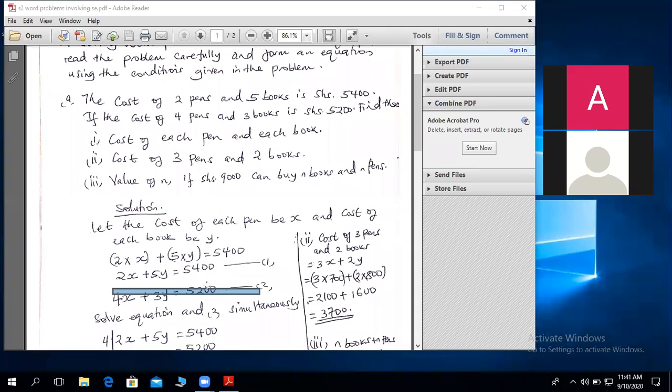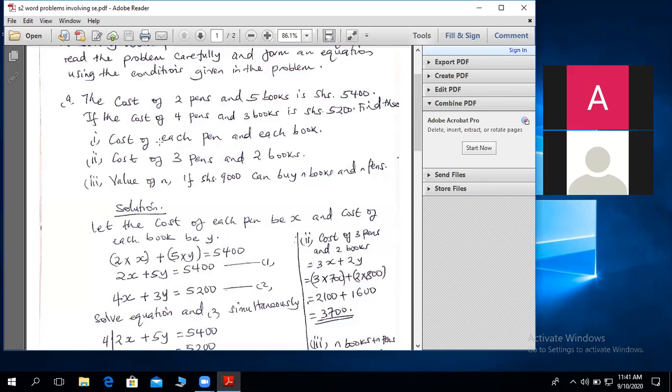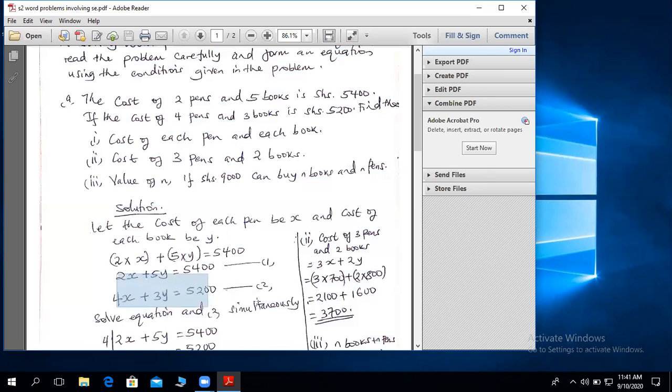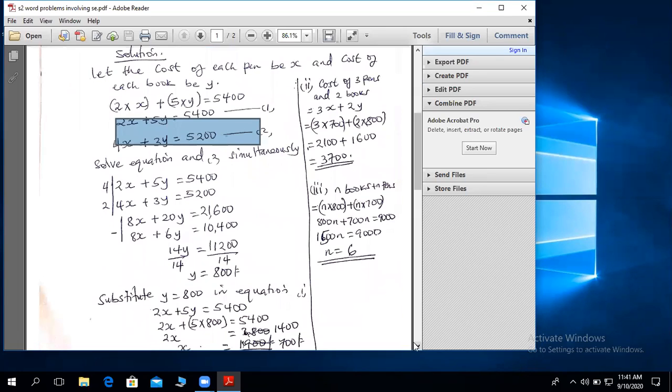The answer is 5,200. So these are my 2 equations. So what do I have to do to find the cost of each pen and each book? I have to solve for X and Y. So these are my simultaneous equations, and now I'm going to solve them using any one method, the desired method of my choice.